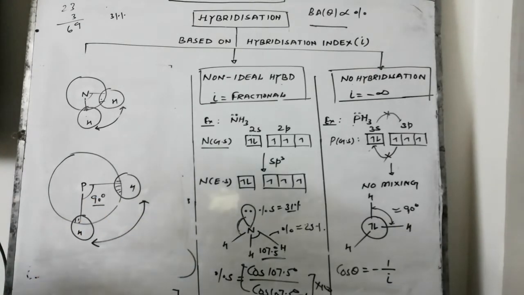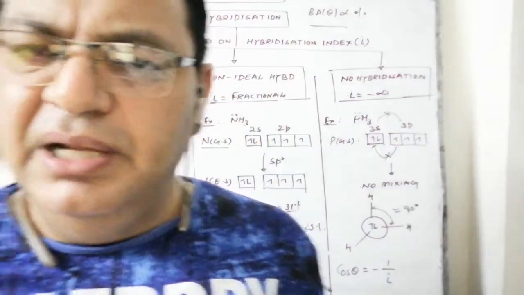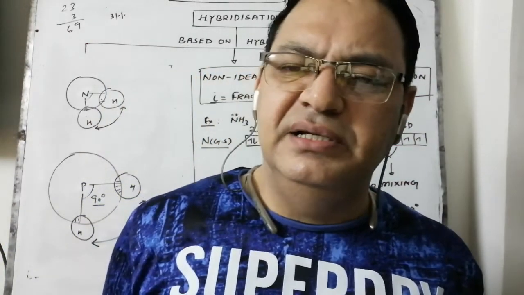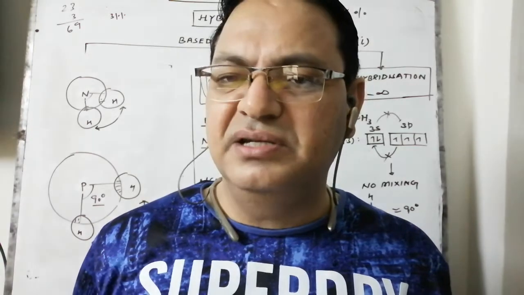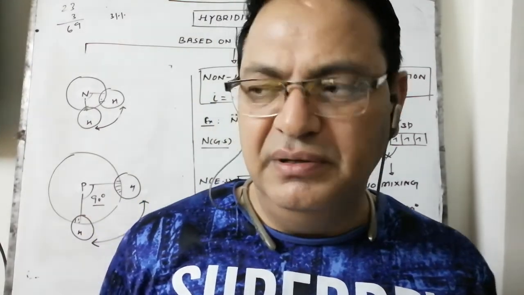If there is already steric stabilization at 90 degrees, the p orbital does not have any demand from the s orbital to get mixed up, and that is the reason sp3 hybridization has not happened.